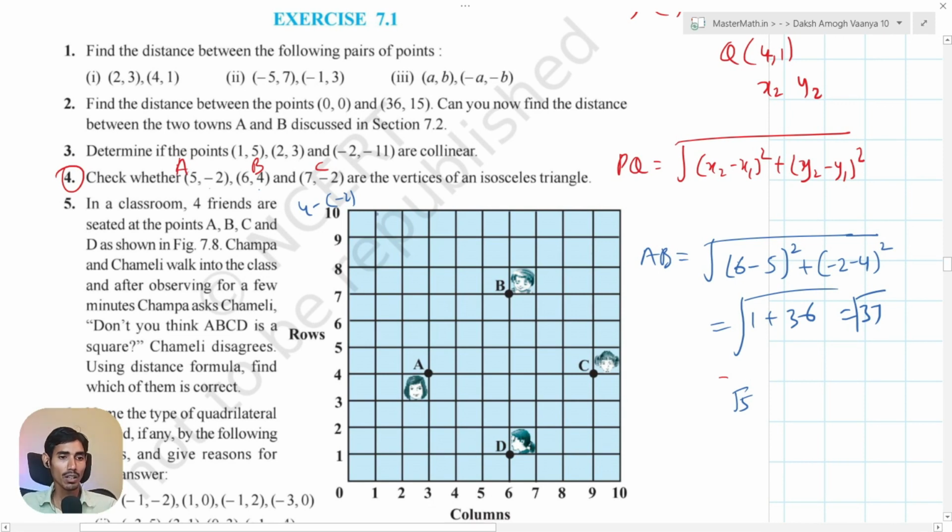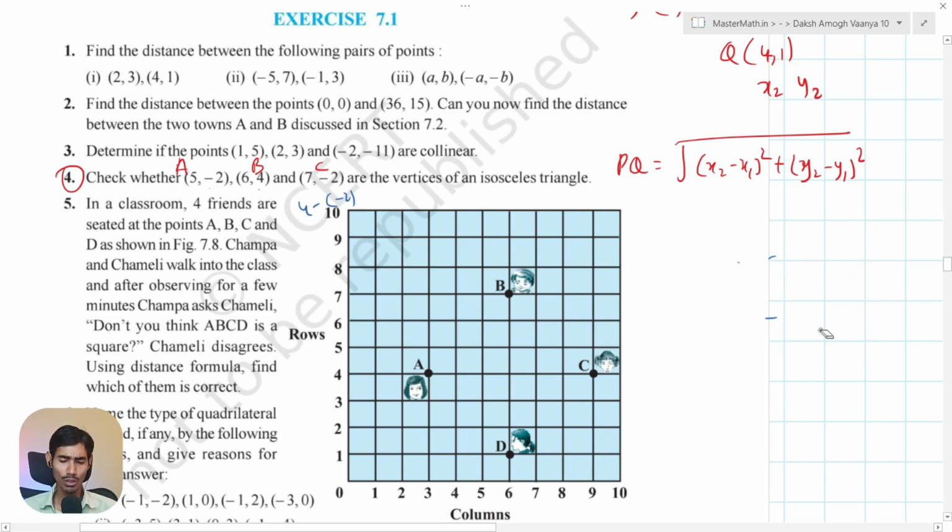Okay. Now let's come to this third question. It is about collinear. Although you know the concept, how to do it exactly is probably a little new. So here, if A, B, C are collinear, what does that mean? That means if we add the distance of AB and BC, we should get AC.